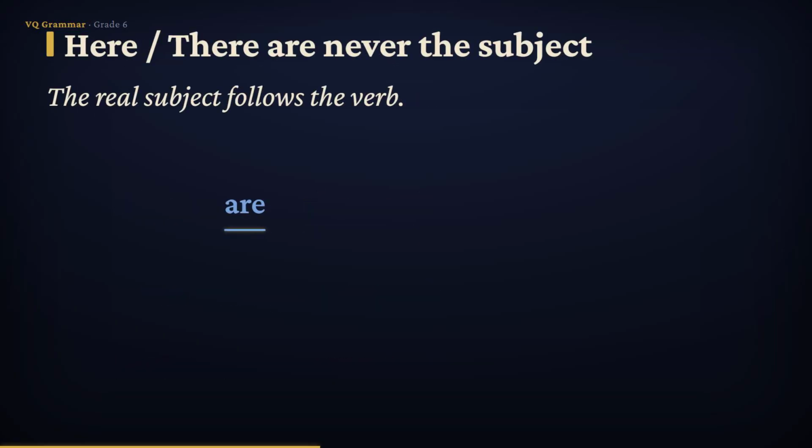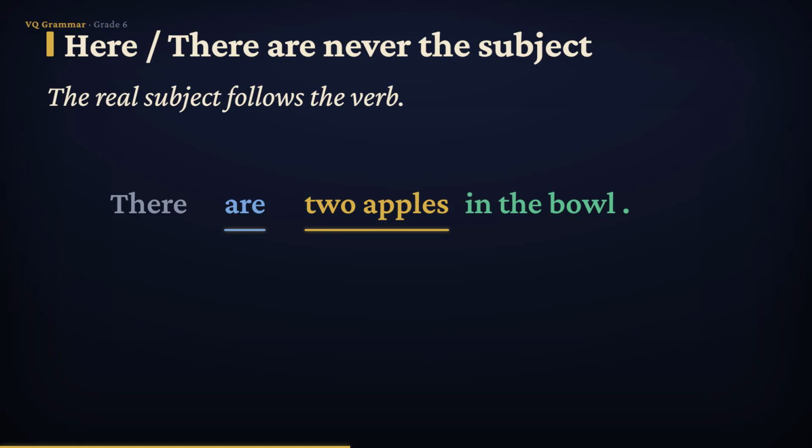Now for 2 words that fool people constantly, here and there. When a sentence begins with here or there, that opening word is never the subject. The real subject comes later, after the verb. Take this. There are 2 apples in the bowl.